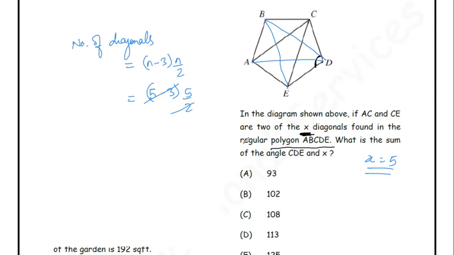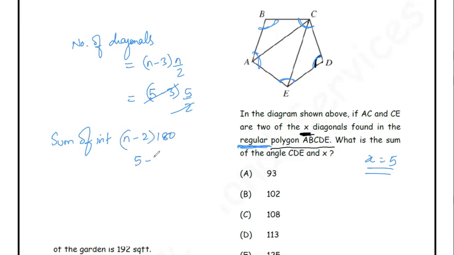And it's a regular polygon, which means that all the angles are equal. So all the angles, that is these angles out here, C, B, A, E, and D, they are all equal. We know that the sum of the interior angles of an n-sided polygon is n minus 2 into 180.